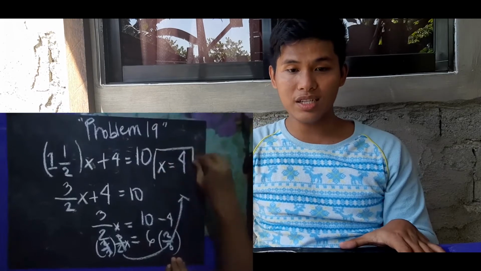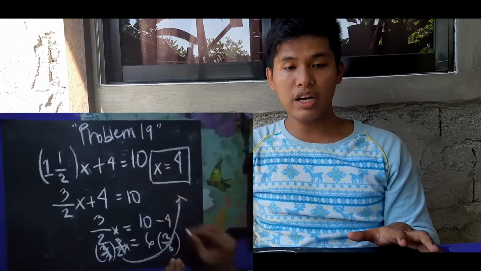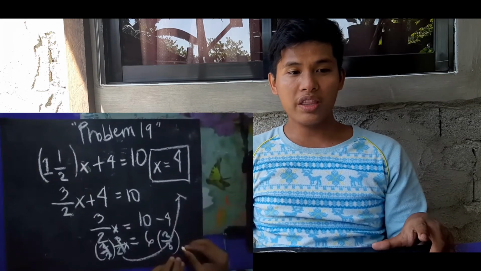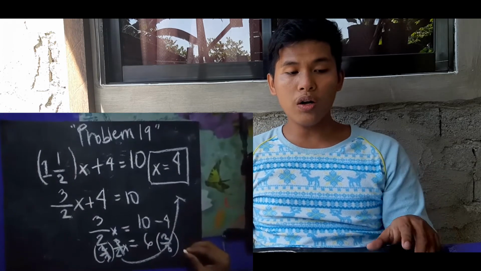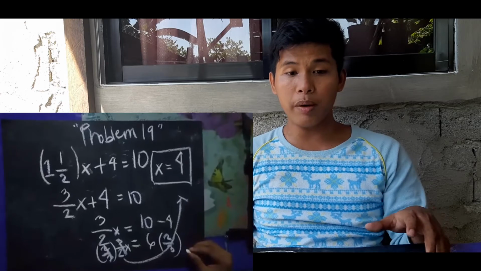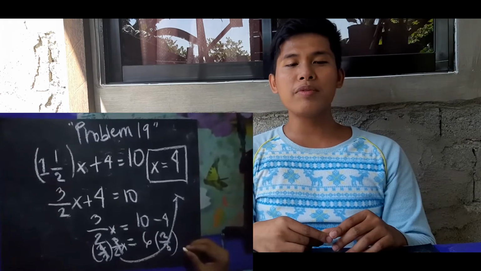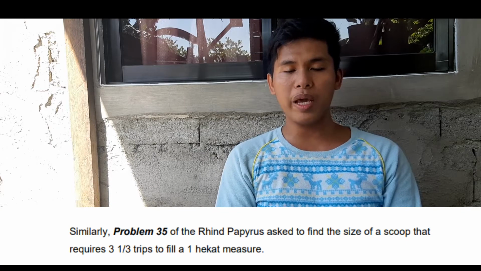So this is the answer for problem 19 of the Moscow Papyrus. Actually, they didn't show the process on how to solve this kind of equation, but this problem also existed in the Moscow Papyrus. The next problem is problem 35 of the Rhind Papyrus.